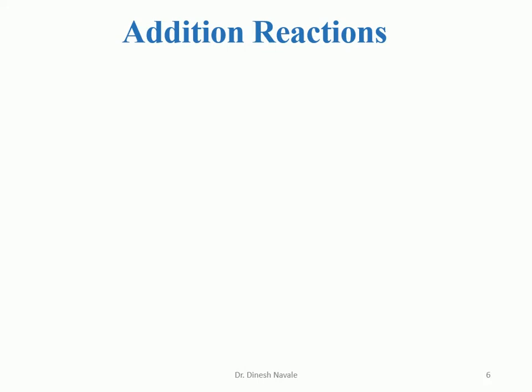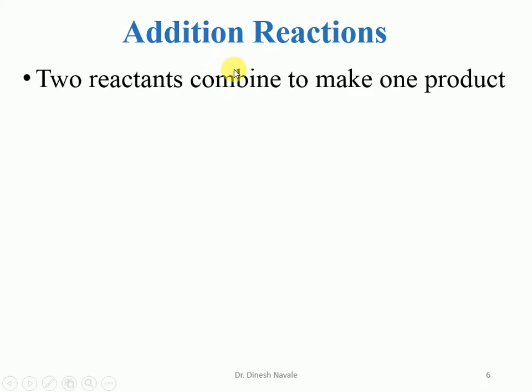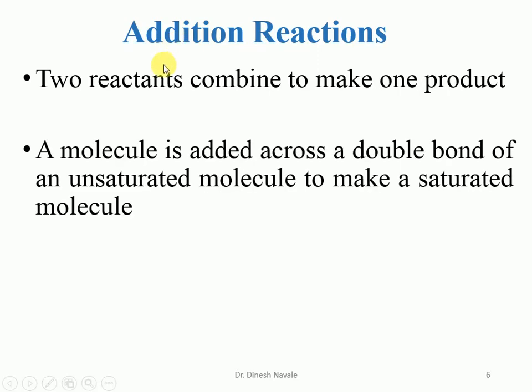In an addition reaction, two reactants combine to make one product. That means the starting materials will be two, but the product will be one. A molecule is added across the double bond of an unsaturated molecule to make a saturated molecule.